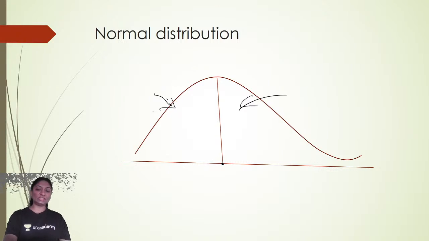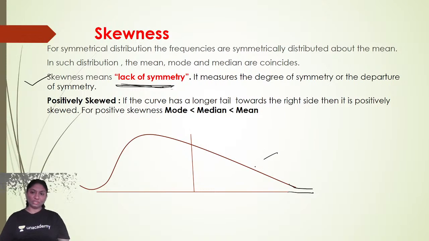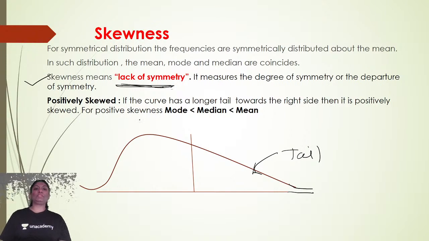This lack of symmetry is nothing but the skewness. Now see, positively skewed. What do you mean by positively skewed? If the curve has a longer tail towards the right side, see, this tail is longer towards the right hand side, then it is positively skewed.